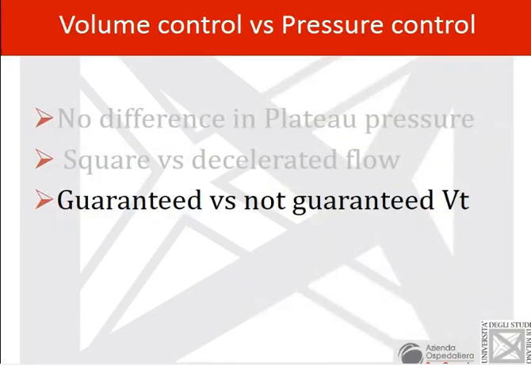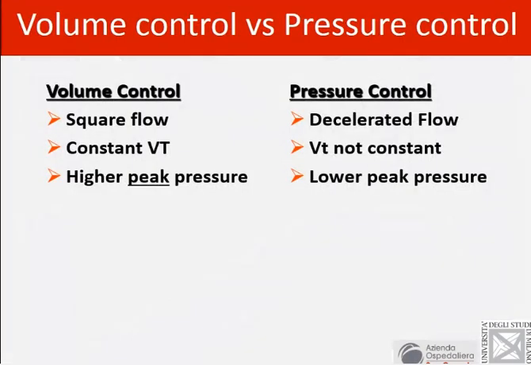And the third great difference is that, as I said, tidal volume is not guaranteed in pressure cycled modes. You can set an alarm on tidal volume and adjust your pressure limits, but there is no way that the tidal volume is guaranteed.